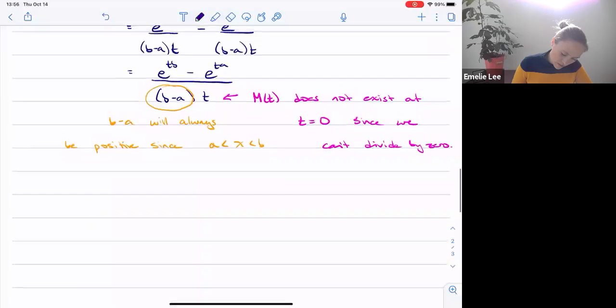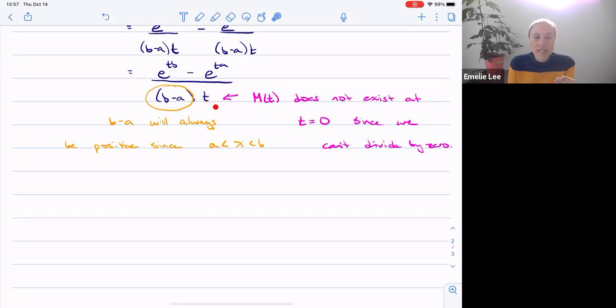So if we think about it, there are no restrictions, right? If I had a log up here, for example, then of course I can't take the log of a negative number, but I have no restrictions on any of the inputs here. So I'm okay in the numerator. It's just that I need to consider this t in the denominator. What's going to happen is that this t is always going to be there, right?